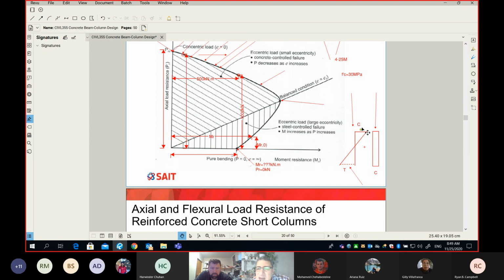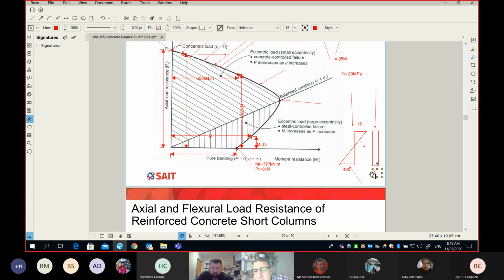Let's make it a number. For example, let's say that this was 15 MPa, and let's say this guy was 400 MPa. That's the yield, and we add here compression that gives a stress of, let's say, 5 MPa.